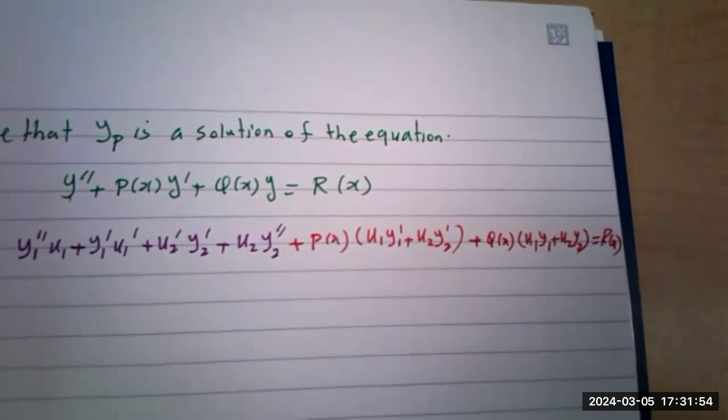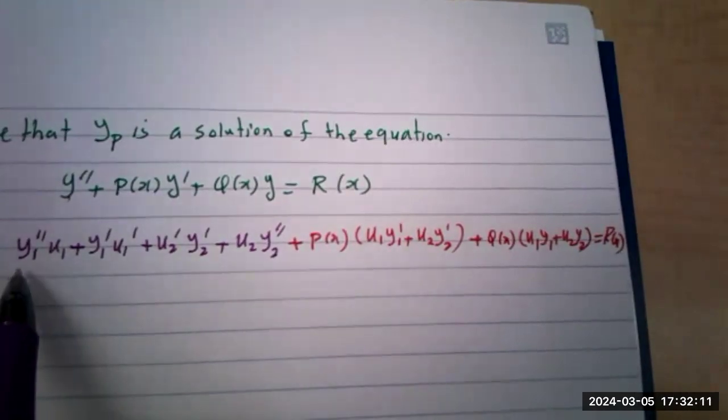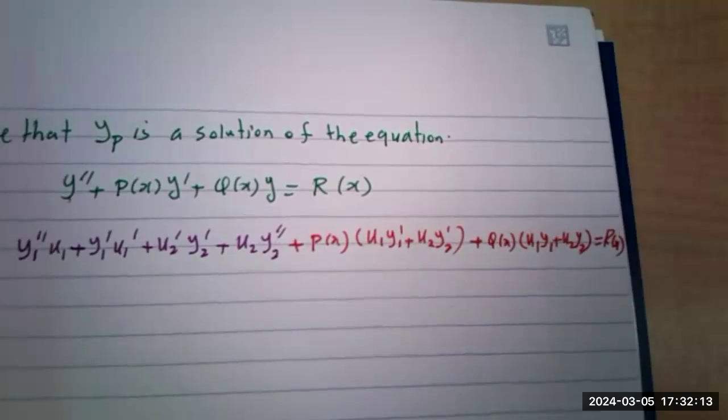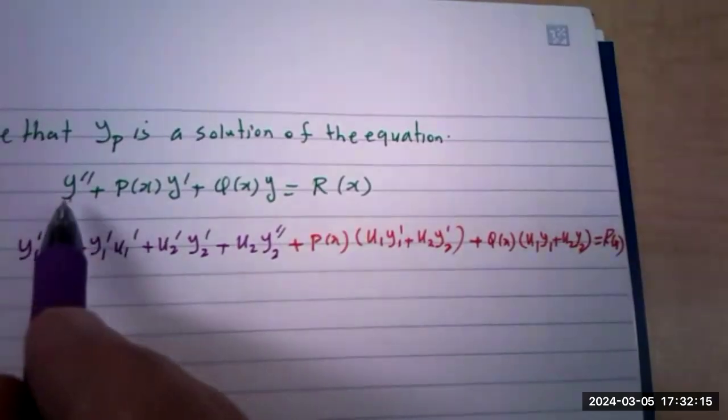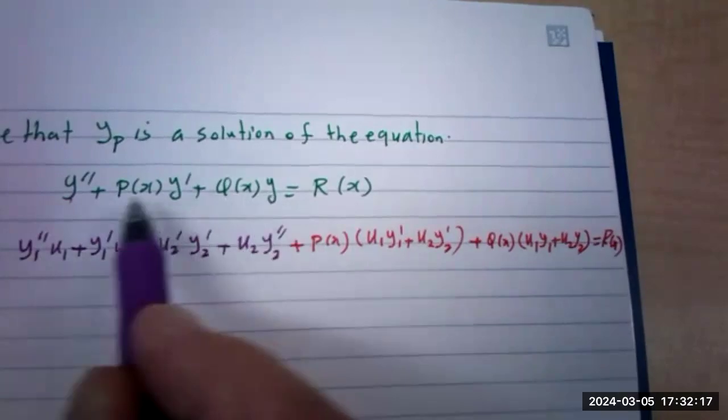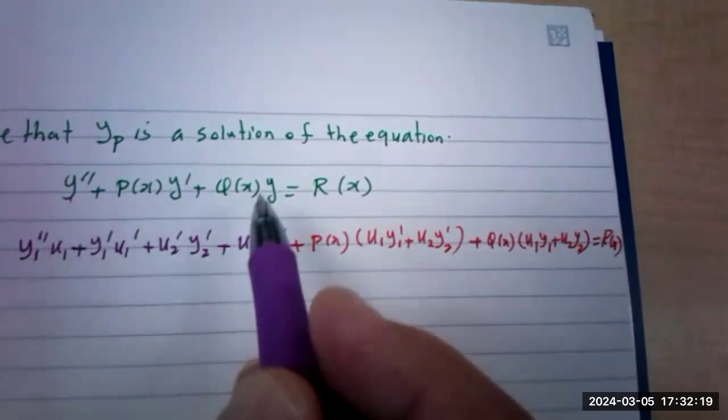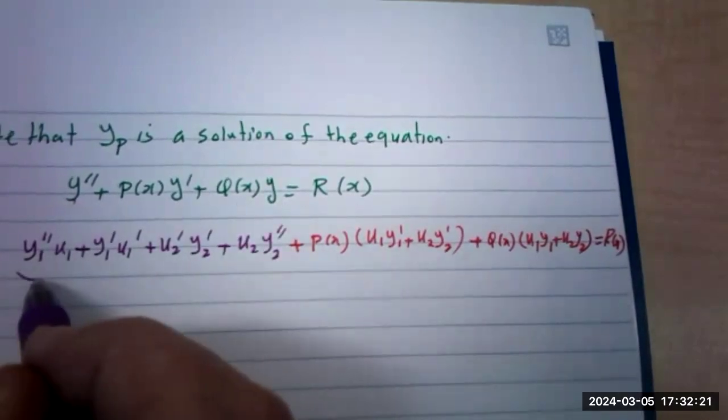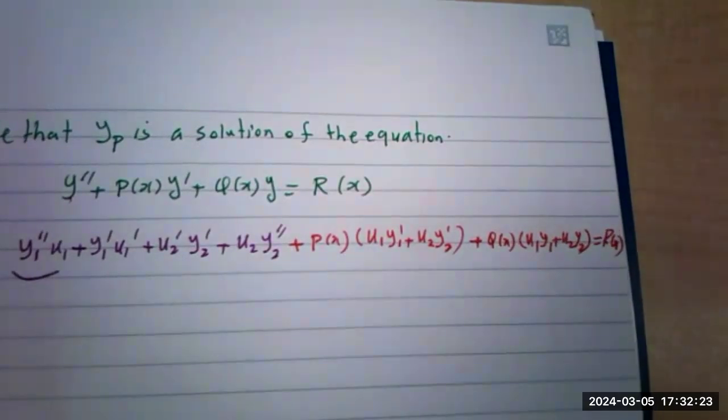Now we have to simplify it. Remember, y1 and y2 are solutions of the homogeneous equation. So try to put them together so that you'll be able to take care of this. Look at this. I'm going to take care of the y1 pair. So this is my y1 double prime.